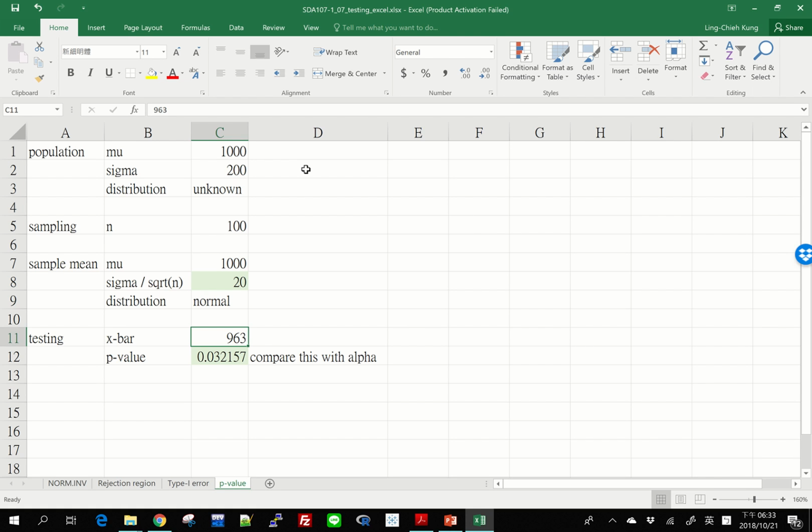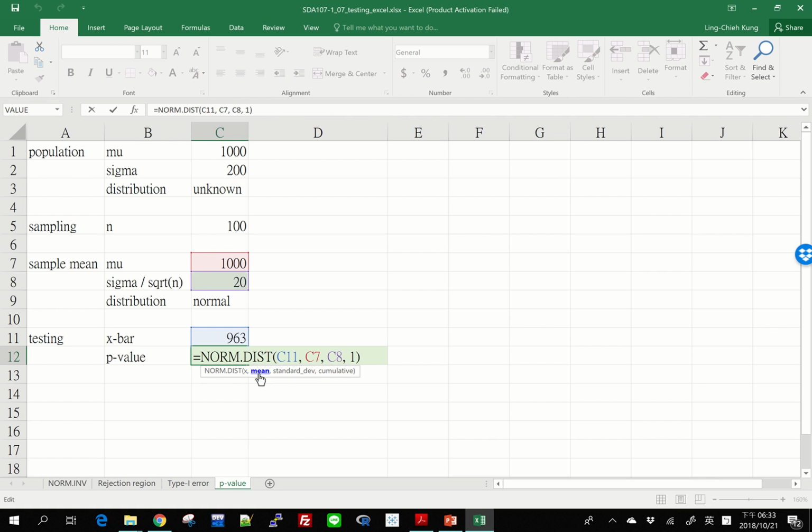What's the last step? The last step is just a single function call, normal distribution. This function has been used many times in the past. We just need to tell the function what's the mean of our normal random variable, what's the standard deviation for that, and say that I want to get a cumulative distribution.